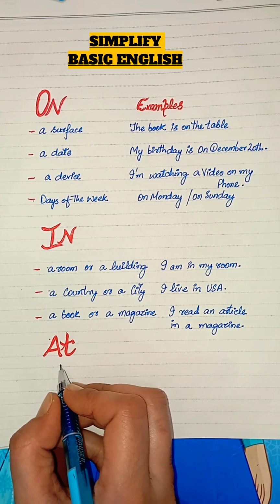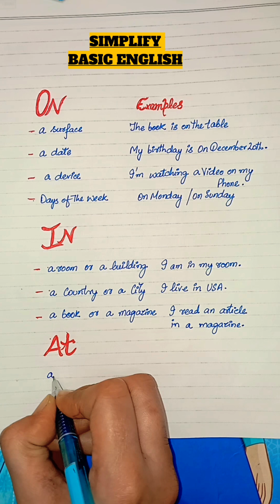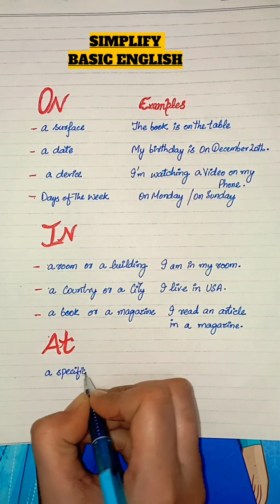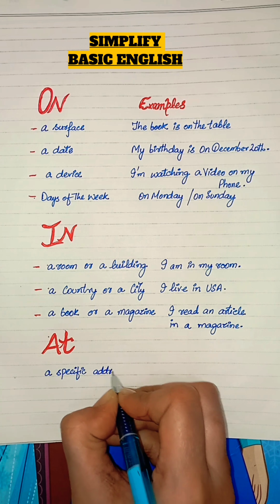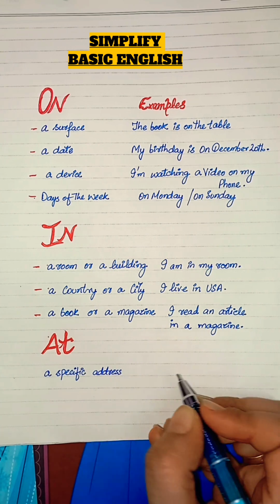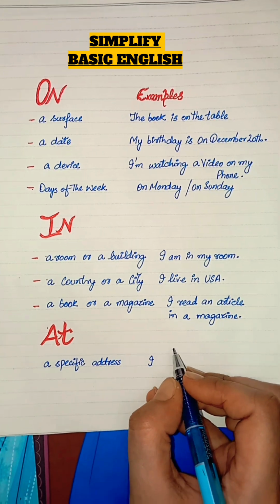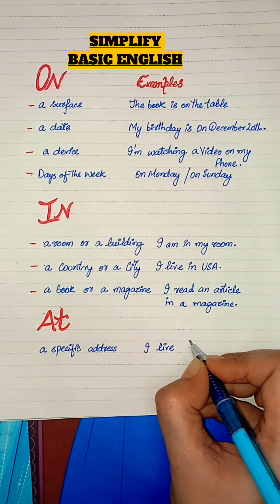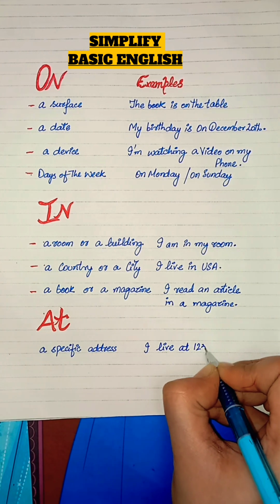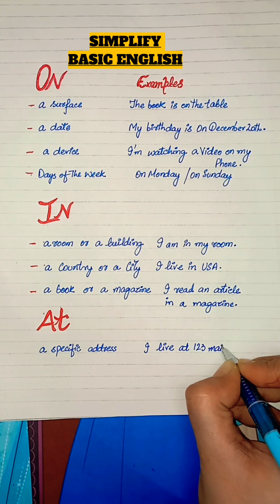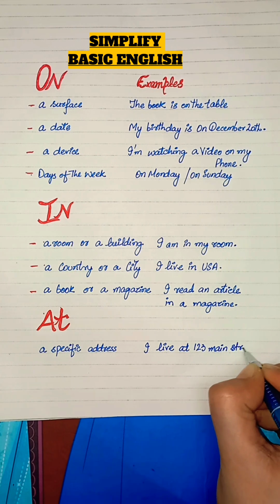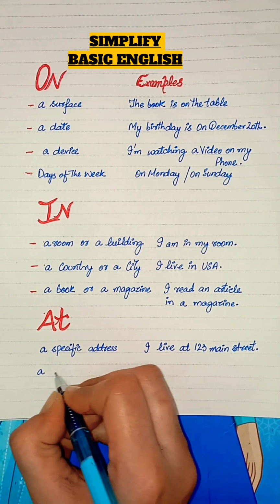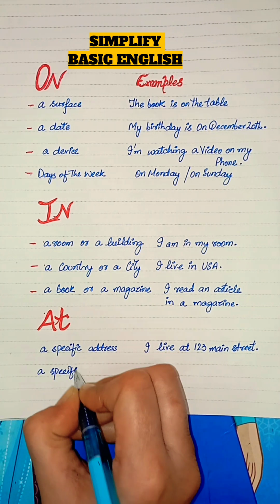Now, finally, let's talk about at. We use at to talk about a specific address. For example, I live at 123 Main Street. A specific time.